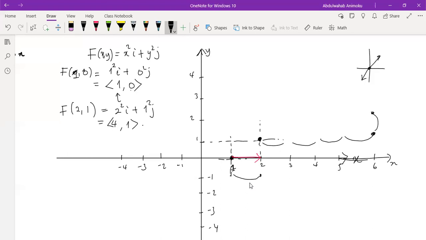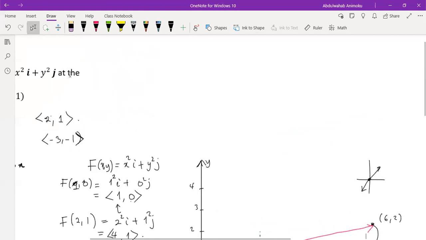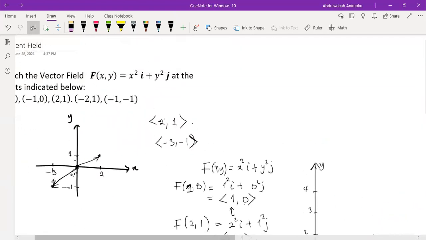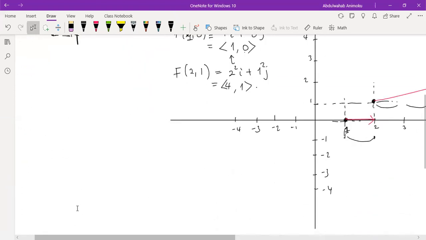So the coordinate here would be 6, 2. So the vector that we have to draw would be this, with 4 units in the X direction and 1 unit in the Y direction. This is exactly how we draw vector fields. So we can quickly fill in the gaps with this particular problem that we have. So let's quickly write.